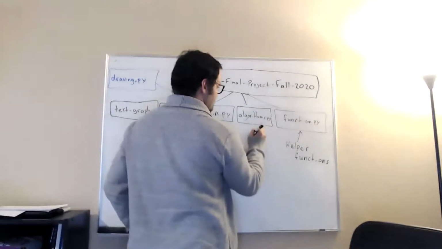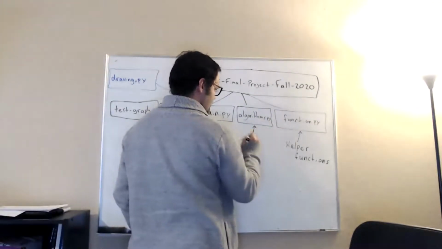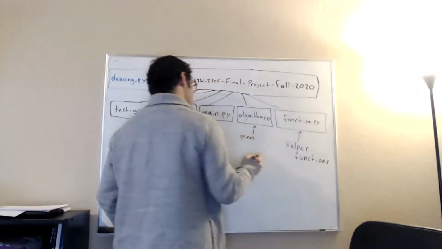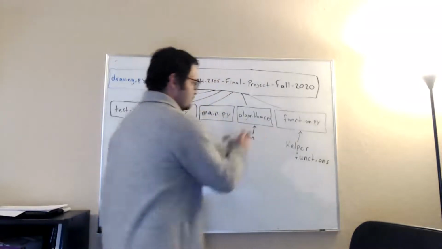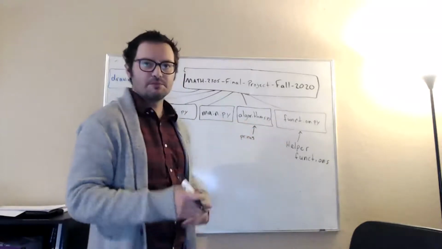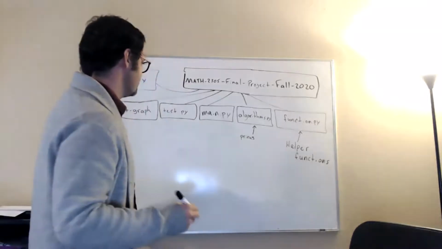Inside of algorithms, there'll be a function called prims that will call on functions inside of this script and implement prims. And I'm going to give you an example of what that looks like here in a minute.